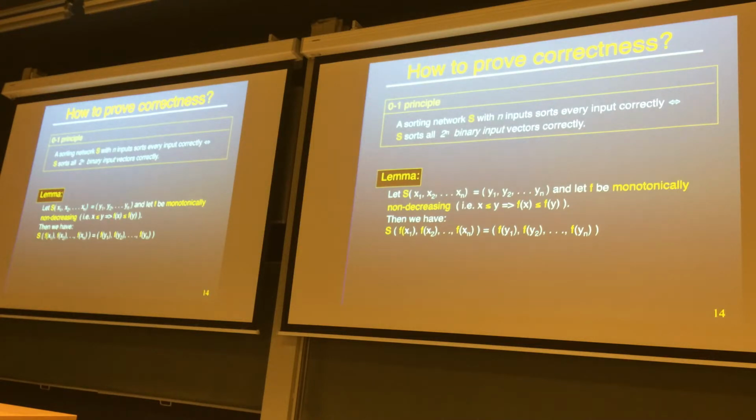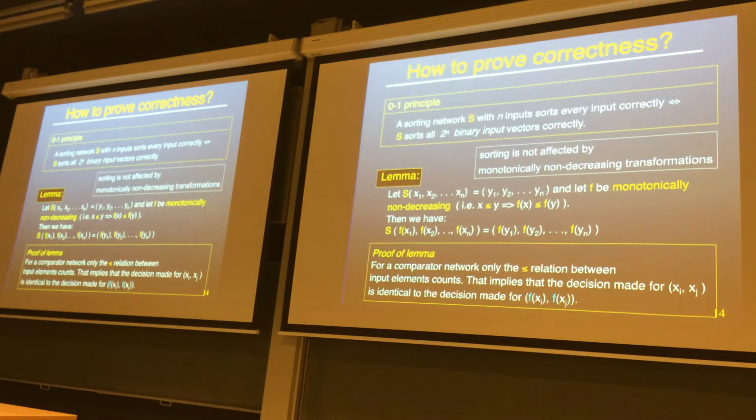Well, the reason is very simple, of course. If you apply comparators in such a sorting network, then the comparator does not know about the absolute difference between two elements that are compared. It only knows that one is larger than another. So, for a comparator network, this relation between input elements counts.